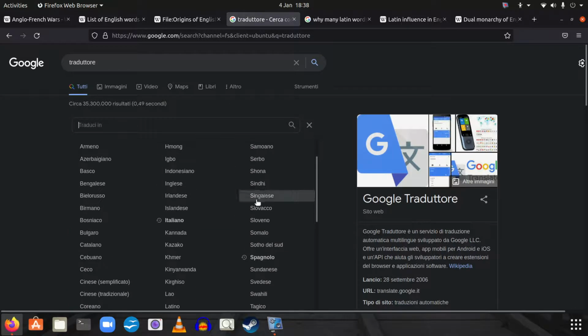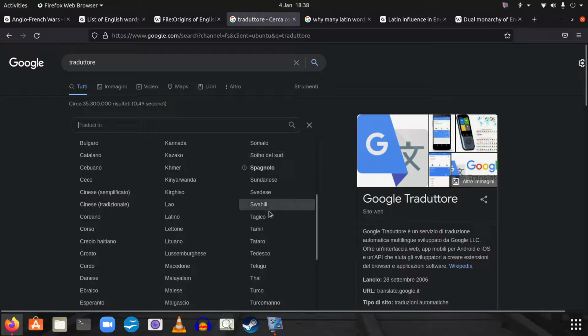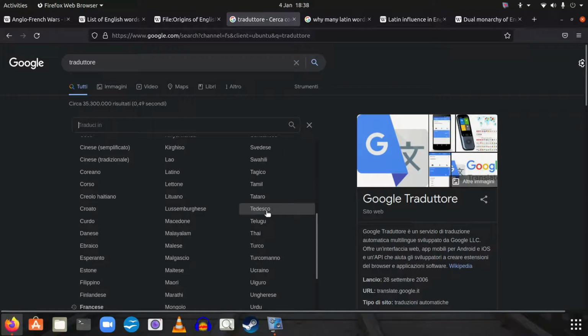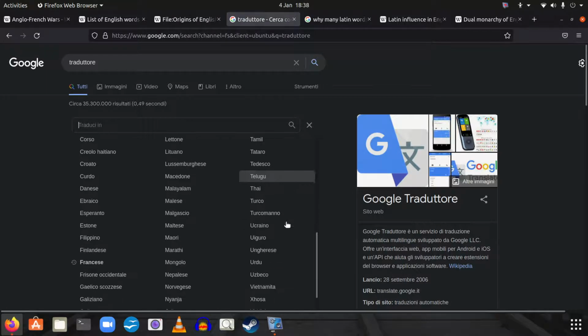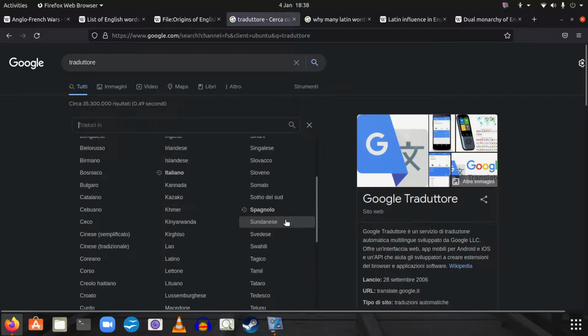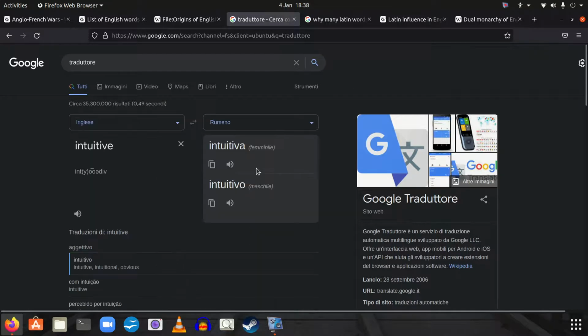Remember that in this group, the Latin root languages, we have the Portuguese, the Spanish, the French, the Italian language, and the Romanian language. So it is exact. Intuitive. Intuitivo.